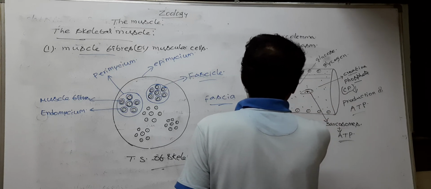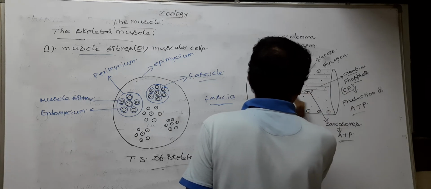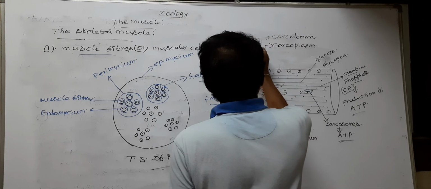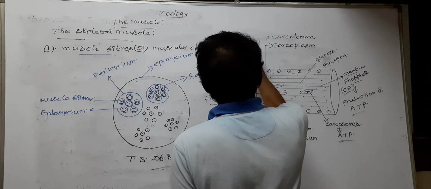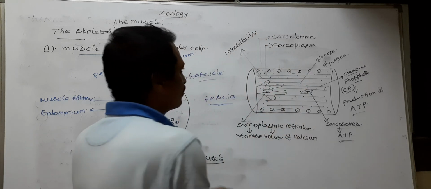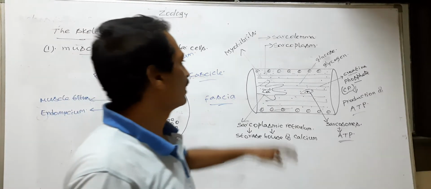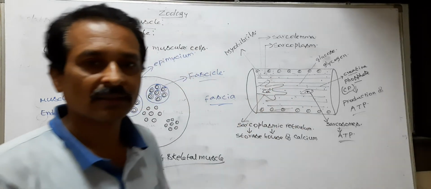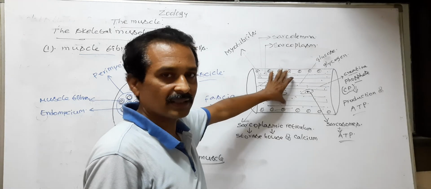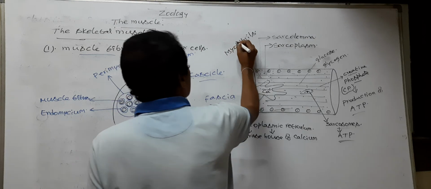Next, the sarcoplasm of the skeletal muscle fiber contains thin filaments parallel to the cell, called myofibrils.